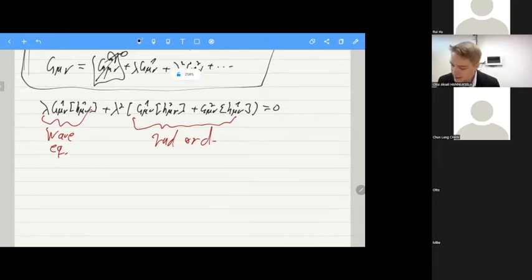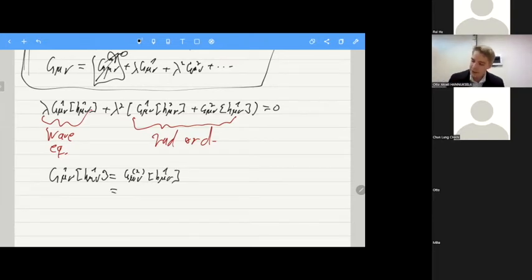So what we get essentially is that G mu nu 1 H mu nu 2 is equal to minus G mu nu 2 H mu nu 1. And it turns out that the form of this thing is the same as the original wave equation.